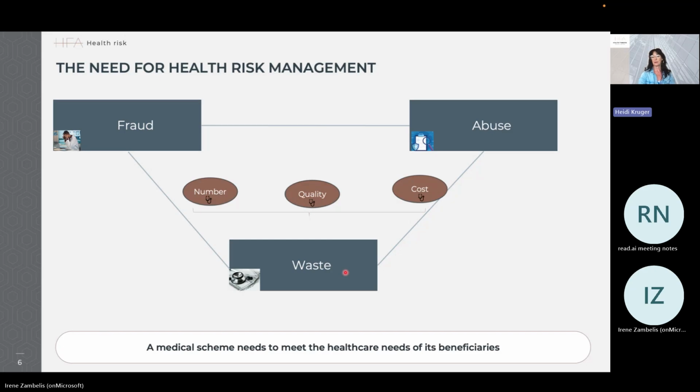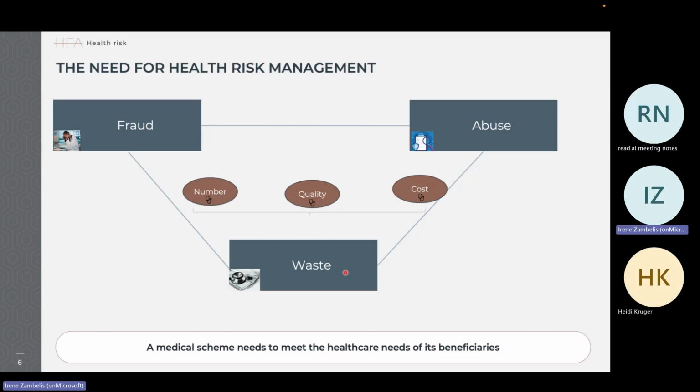Sure, Heidi, and I think this is an important point, because the primary goal of health risk management or managed care is to get rid of wastage out of the system without compromising the quality of care. And that's where managed care comes in. You're managing the healthcare funding.